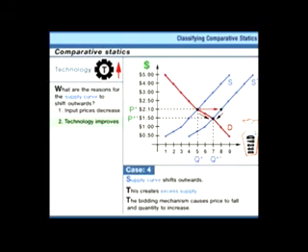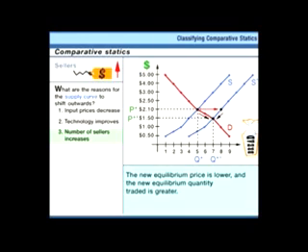Producers respond by offering more bread for sale at every price, an outward shift in the supply curve. And finally, if the number of sellers in this market increases, since it is the market supply curve, the supply curve shifts outwards. All of these factors shift the supply curve outwards, leading to a lower equilibrium price and a larger equilibrium quantity traded.